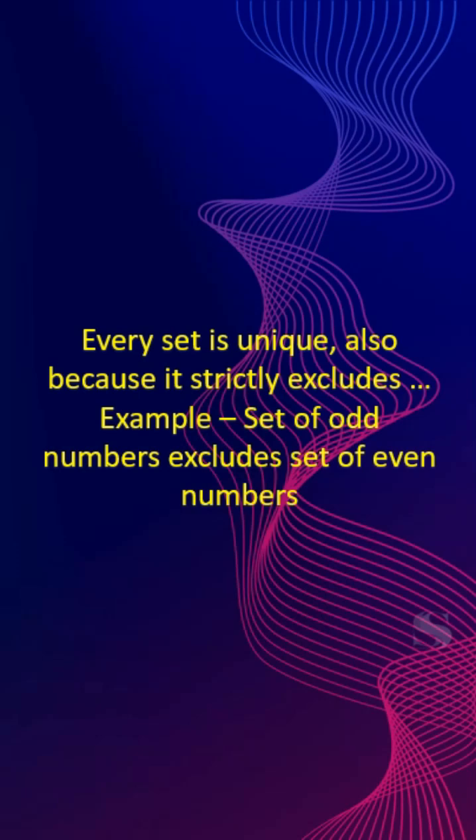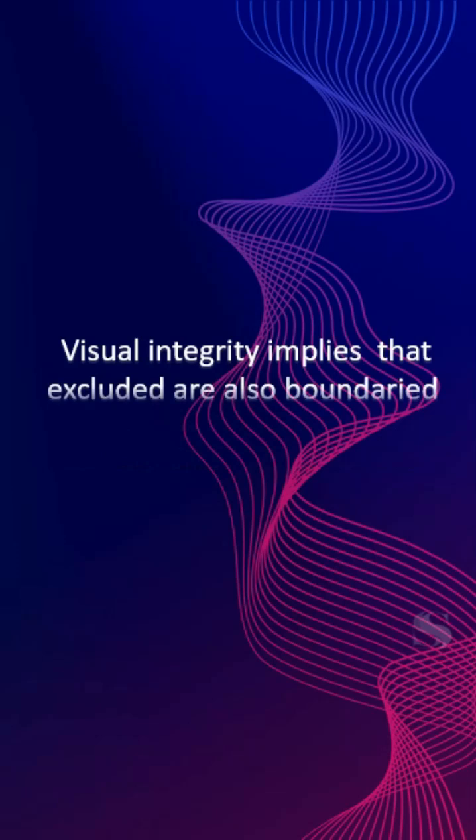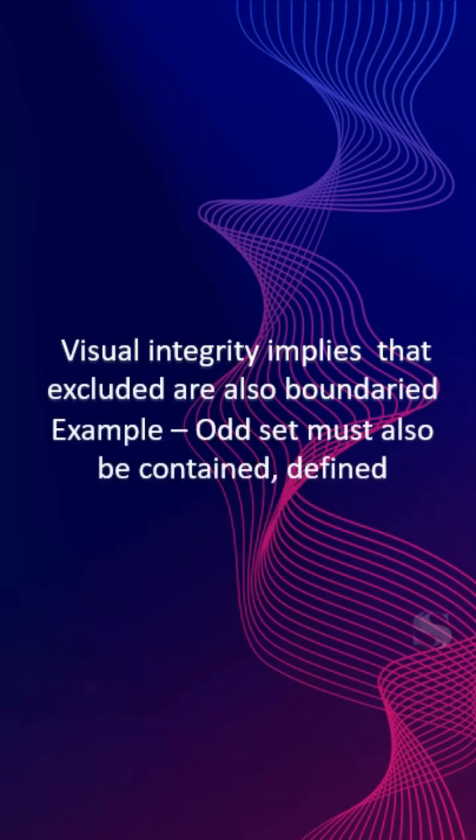For example, the set of odd numbers excludes the set of even numbers. The visual integrity of sets demands that the excluded elements are also boundaried, made definite and finite, to be meaningfully computable in any ways. Thus, in the earlier example, the odd set must also be contained, defined.